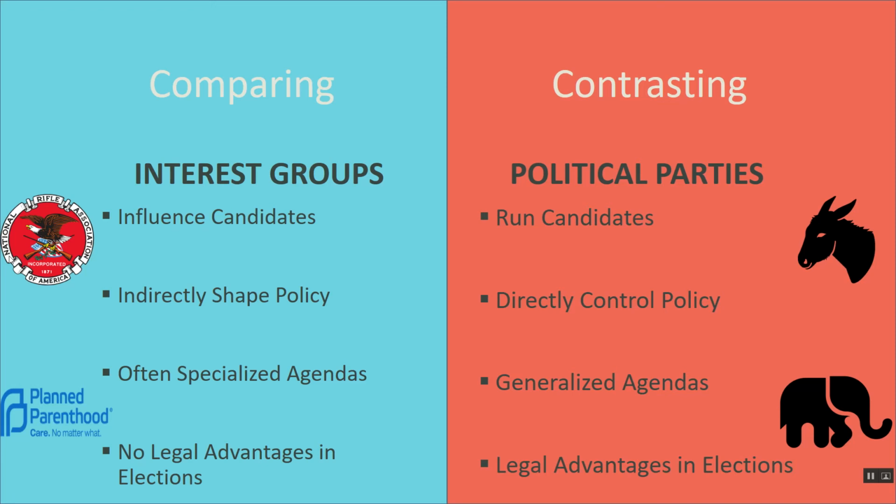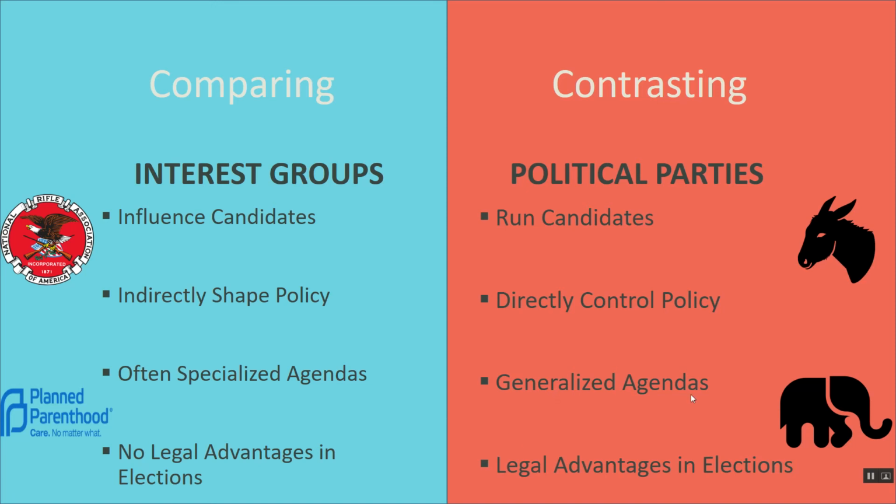Some of us do care about things like abortion and the Second Amendment, but we also care about things like the economy, and we care about things like the environment, and we care about things like national security or immigration, and we care about things like crime. And if the candidates being run by a political party aren't willing to talk about all of these different issues we care about, we're not likely to support them, and therefore they're not likely to win the election. And as a result, political parties have to have very generalized agendas if they want to be successful.